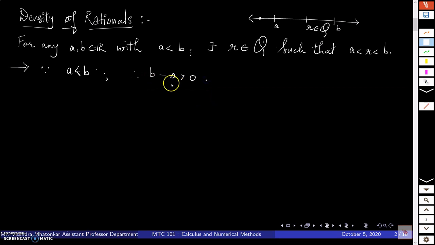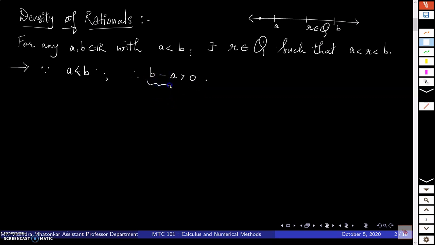So I have a positive real number with me, and we have seen one result which says, given a positive real number x, I can find a natural number n such that 1 by n is less than that real number, one of the forms of the Archimedean property.